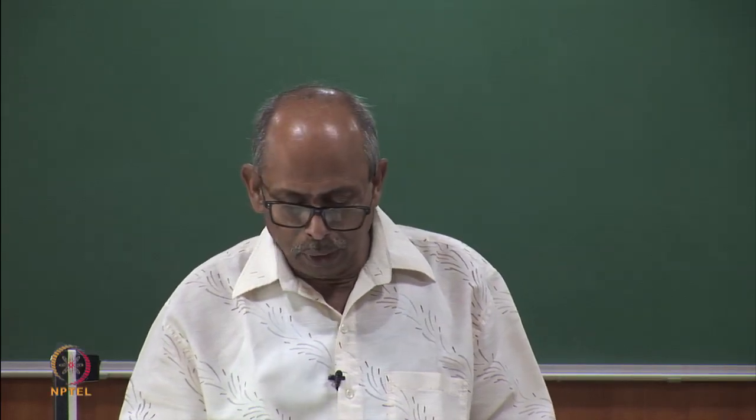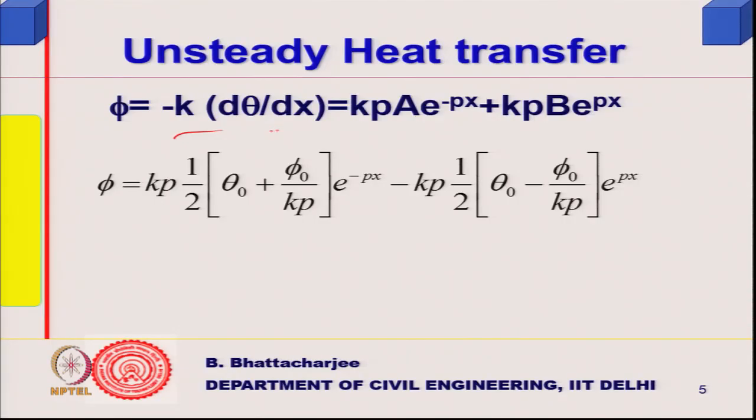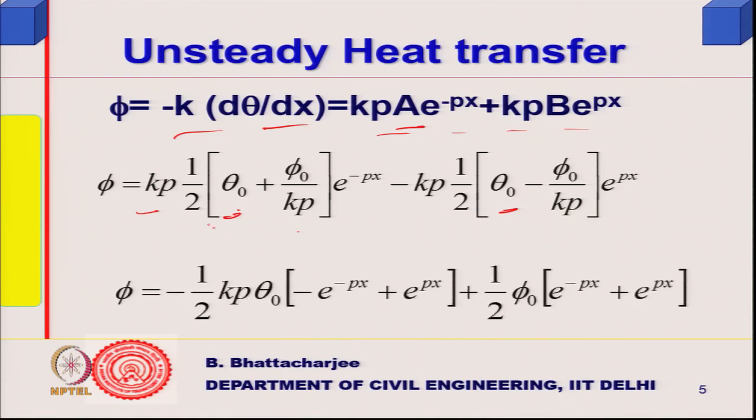Let's see how I do it for phi, because phi was k d theta by dx, kp, this was the case. So I am just putting it here, kp half a, so phi 0 etc., e to the power px and kp theta 0. So again separate the theta 0 and phi 0 terms, and you will get something like this: phi is equal to kp half e to the power minus px e to the power px plus px theta 0, coefficient is theta 0 here.